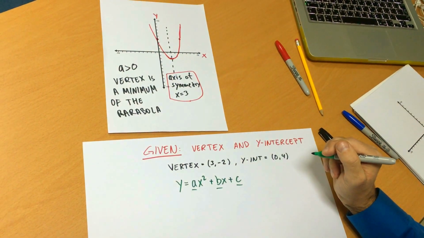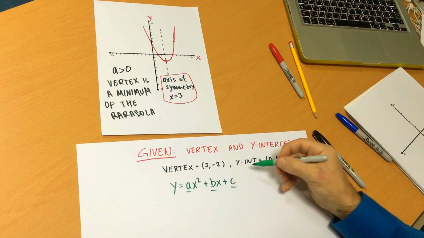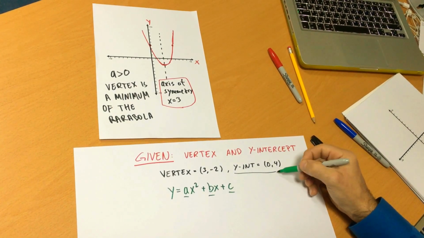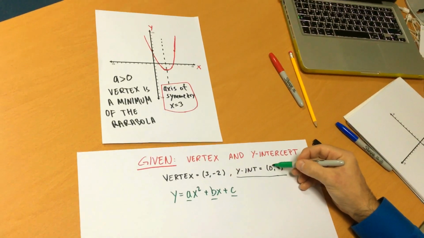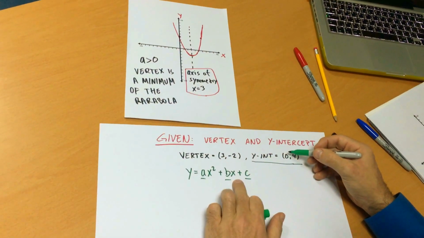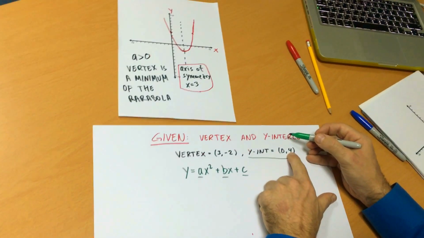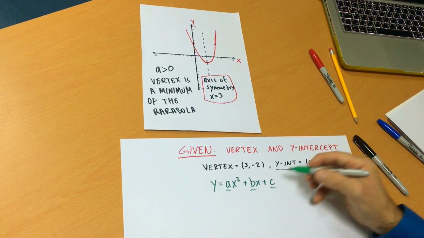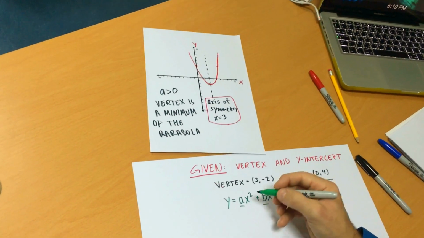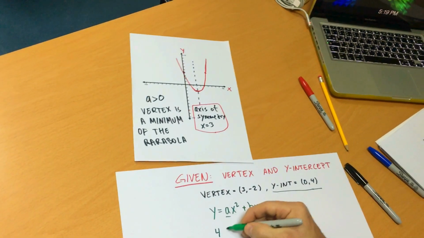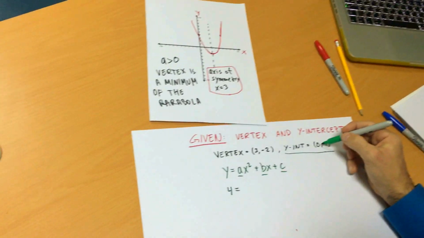So, okay, the first thing to do is to look at the y-intercept. Why? Because x is equal to 0 here. So when I put in 0 here and here, you see my y is equal to 4. So I will have y is equal to 4 when x is 0.